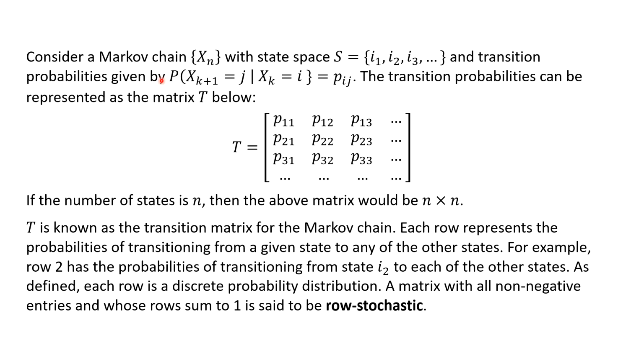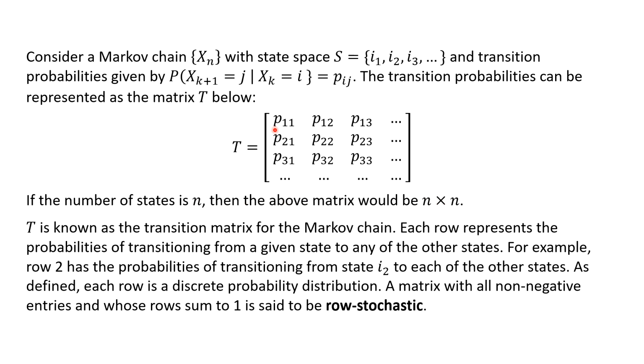We have a few more definitions. Consider a Markov chain X sub n with states given here and transition probabilities. The transition probabilities can be represented in a matrix. We saw that. And as I mentioned a few times, if you sum across the row, that represents going from one state to any of the other states, and that has to equal 1. If the number of states is n, then the above matrix would be n by n.